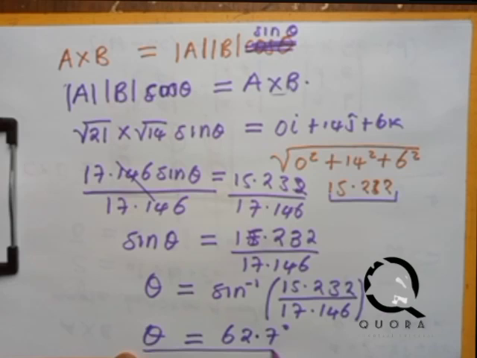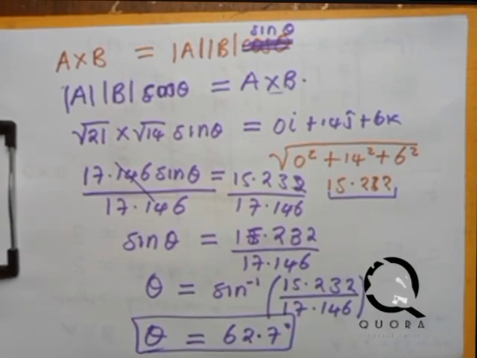So that's how we calculate these two things. If we're using sine, we're going to get that answer. Whenever we use cos, we also have to get that other answer.